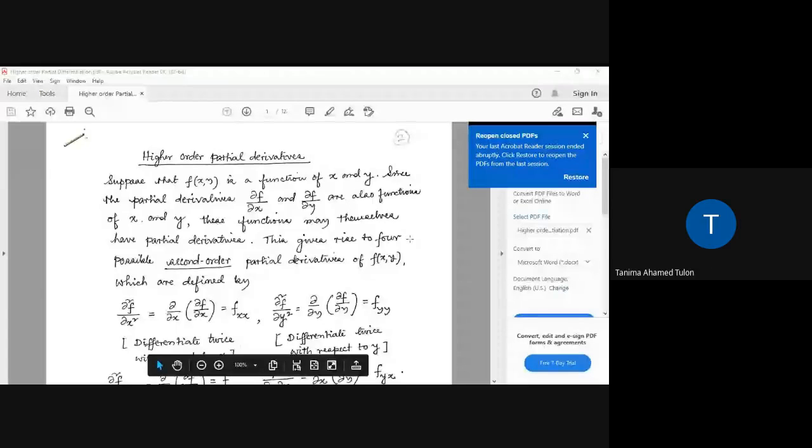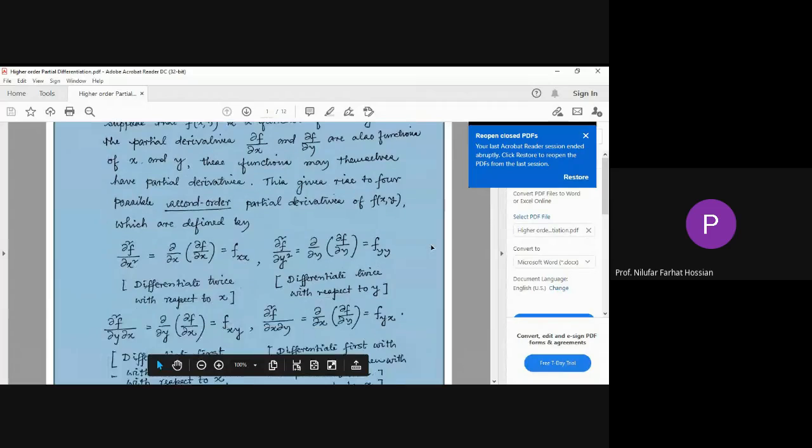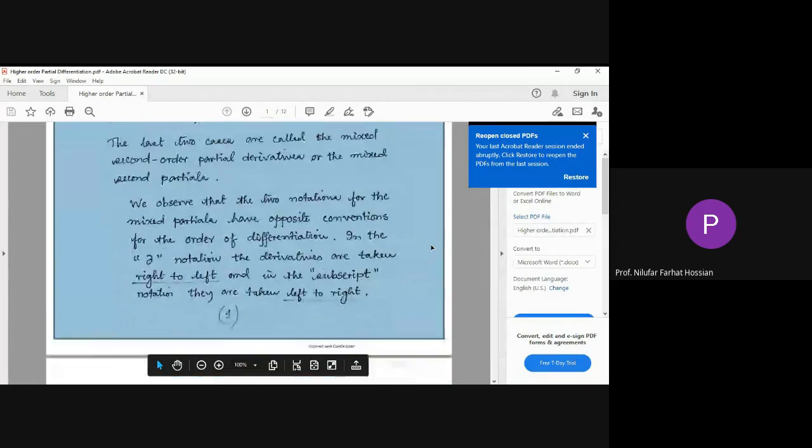Yes, Miss. Higher order partial derivatives, can you see the screen? Yes, Miss. Yes, ma'am. So now, sorry for the disturbance, but it needs restarting.